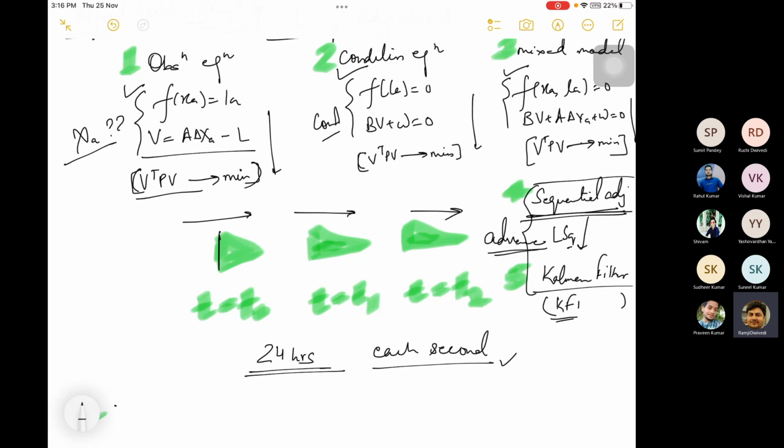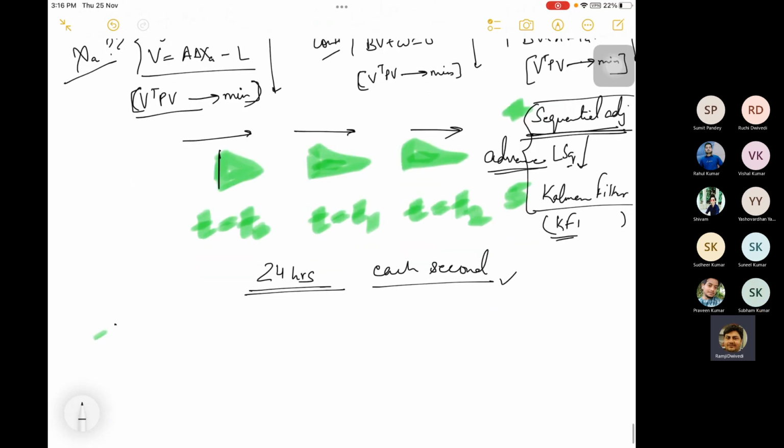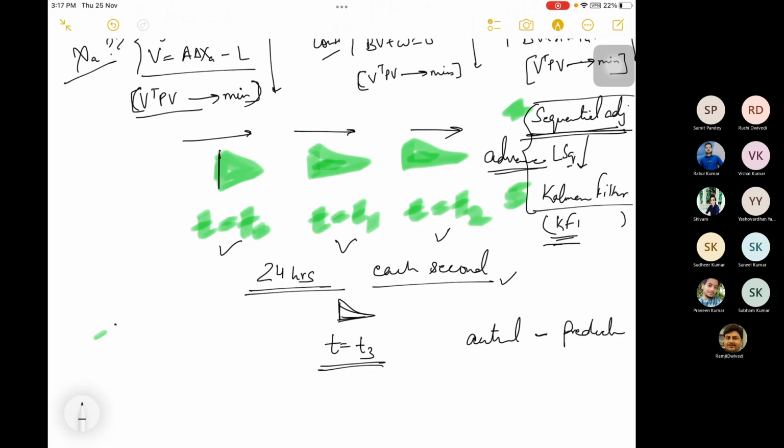And then obviously the Kalman filter, which is an advanced domain, although the basic is the same, that you use least square adjustment. But Kalman filter predicts: let's say you have data for t = t0, t1, and t2. So the Kalman filter predicts results or estimates for t = t3. And then in future, you will go at t = t3 and have the field data to see what is the difference between the actual field data and that predicted by the Kalman filter.